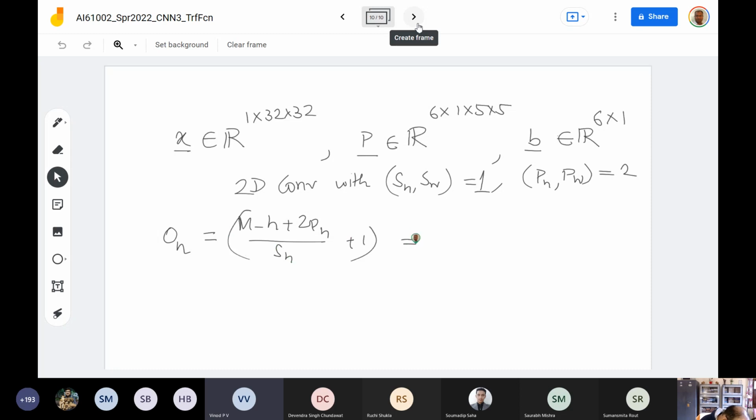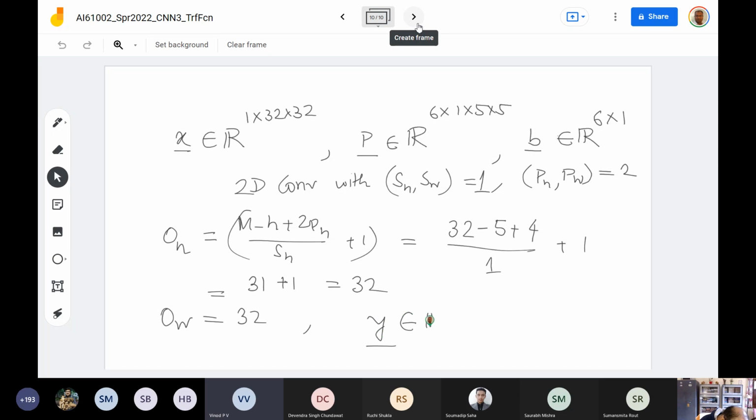So this is going to be M is 32 minus 5 plus 2PH is 4, divided by 1 plus 1. So what is this going to be? 32 minus 5 is 27, plus 4 is 31, 31 plus 1 is equal to 32. Similarly, my OW also becomes 32. So my Y is now going to be R power of 1 cross 32 cross 32.